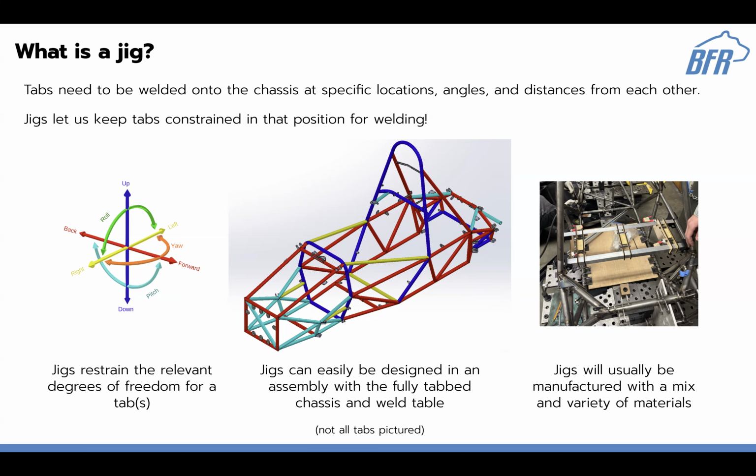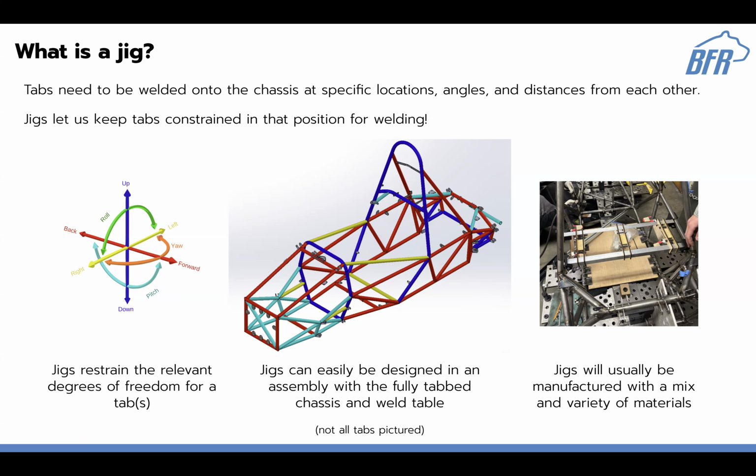These jigs are for getting our tabs welded to the chassis. Welding jigs are pretty common. There's also assembly jigs, things to correctly align different components. So it's any bit of tooling that'll hold your parts in a correct orientation.